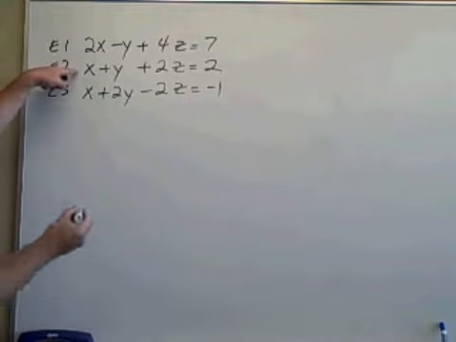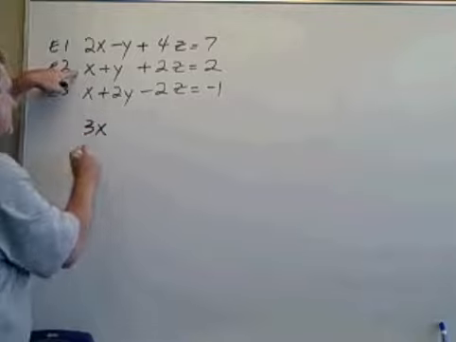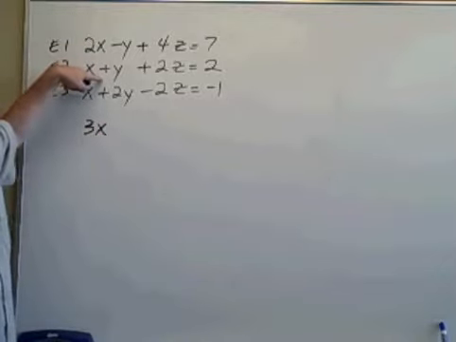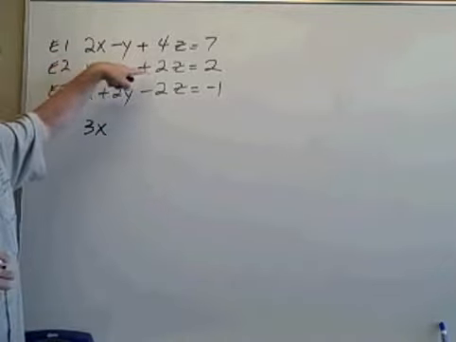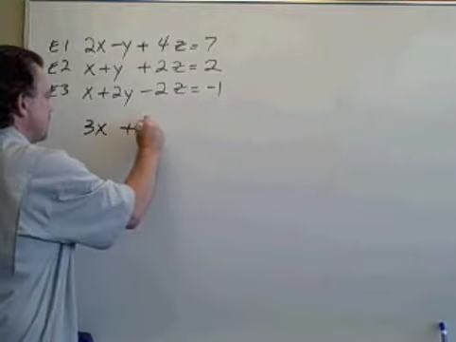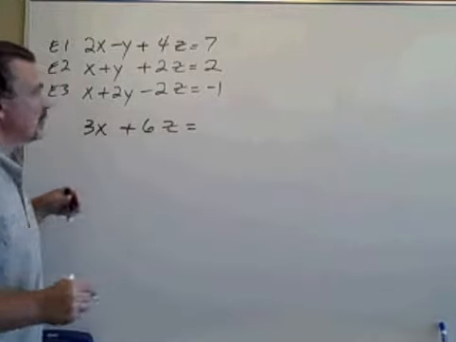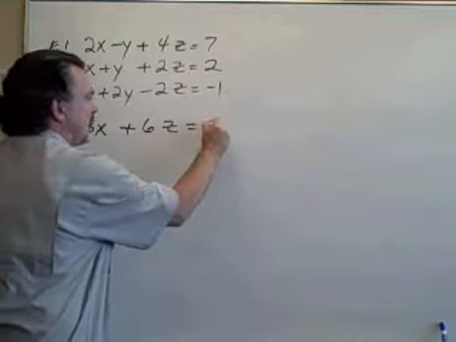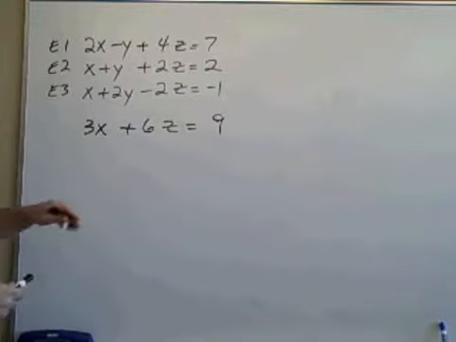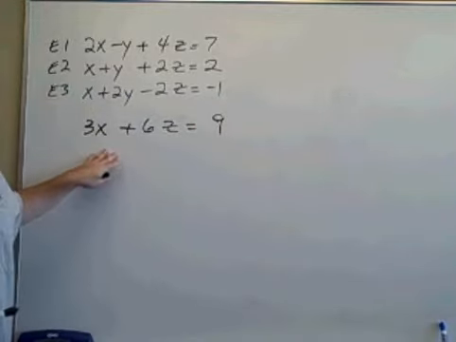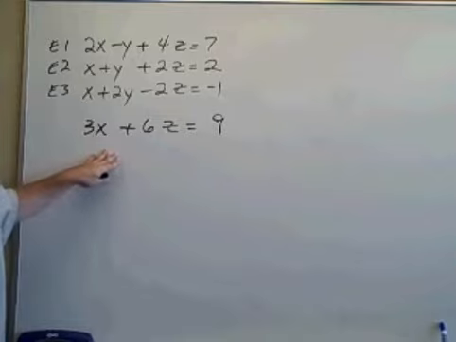So 2x plus x is 3x, minus y plus y disappears, plus 4z plus 2 more z is plus 6z equals 7 plus 2 is 9. And I now have a linear equation that only has x and z.